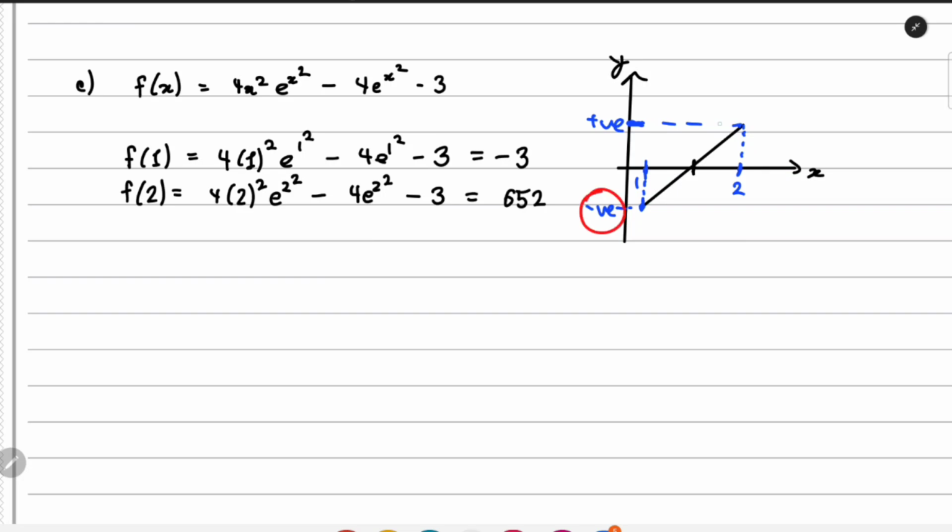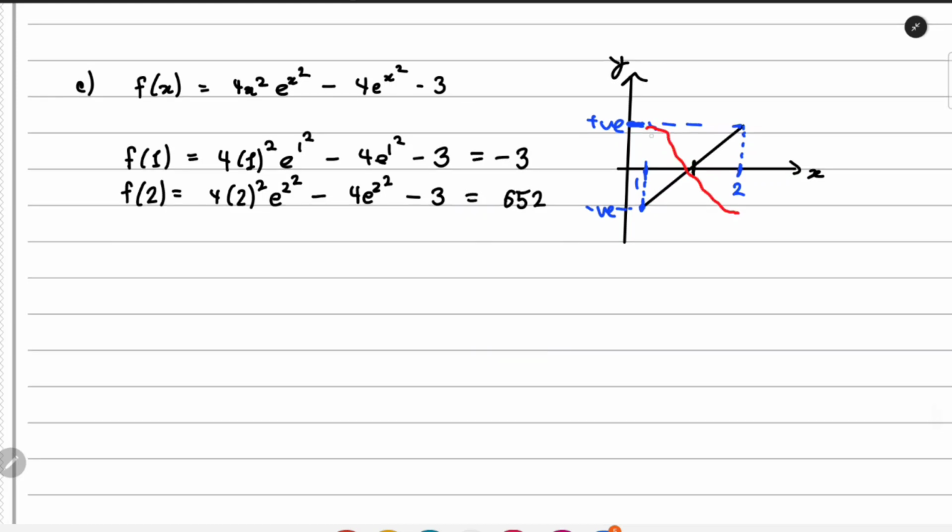So if it goes from negative to positive, or from positive to negative, like if this was 652 and this was minus 3, it doesn't need to be a straight line, it can be a curve like this. In this case, this is positive on the left and negative over here. So if the value changes from negative to positive, it must cross the x-axis if it's continuous. So in between 1 and 2, it must cross the x-axis. So the value of alpha is somewhere in between 1 and 2.